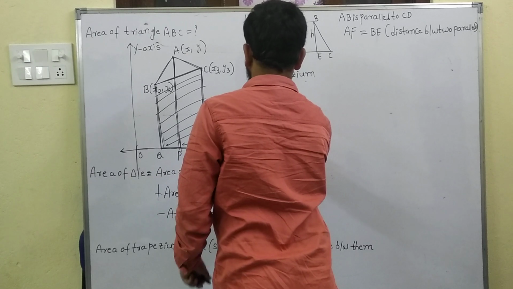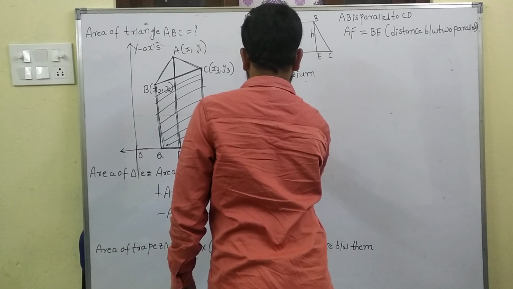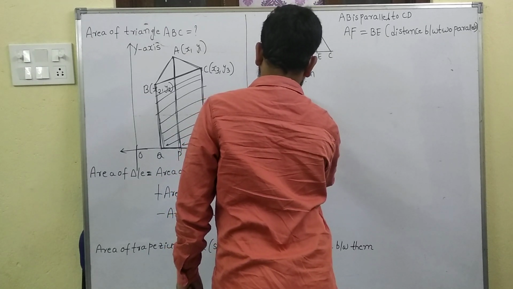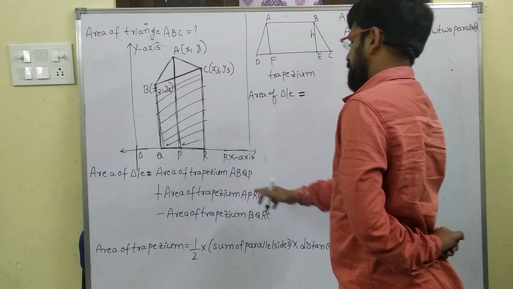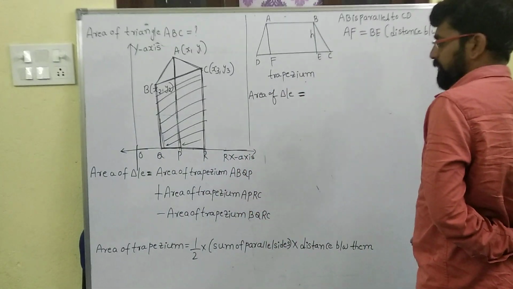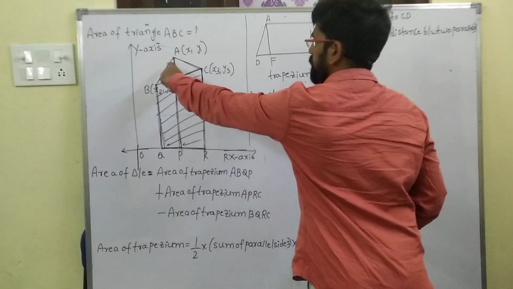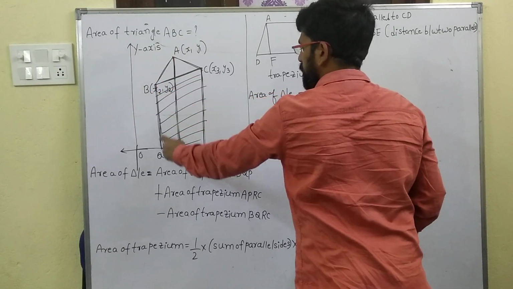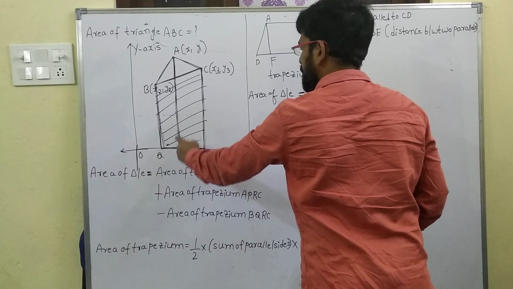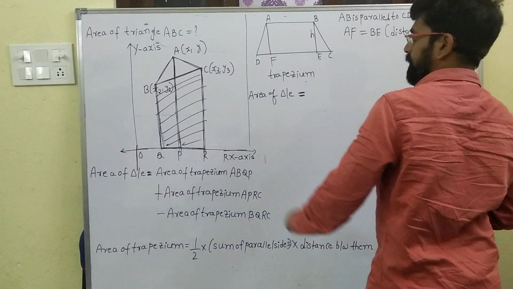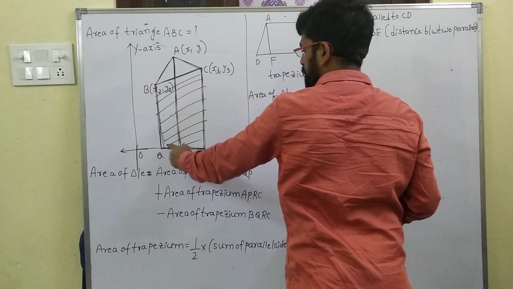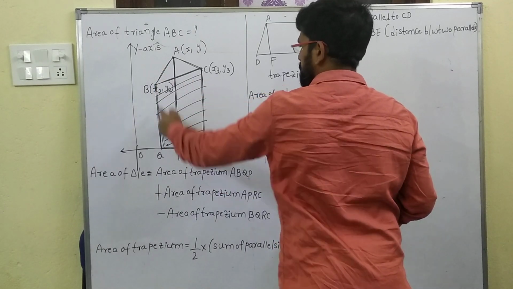Area of triangle is equal to, first, the area of trapezium ABQP. This is the first trapezium A, B, Q, P. This is the total one trapezium.